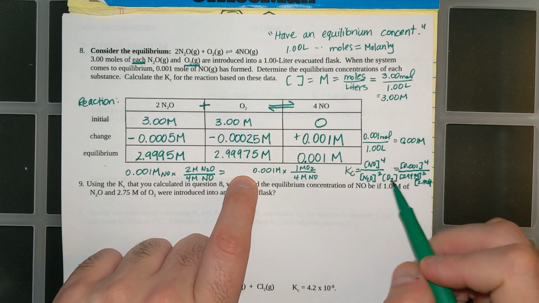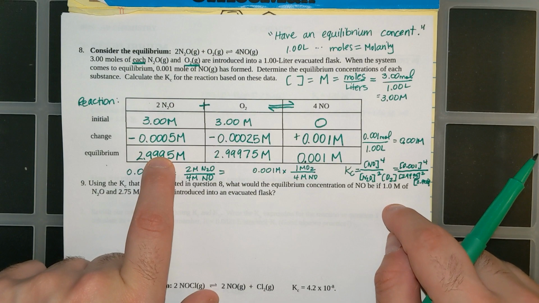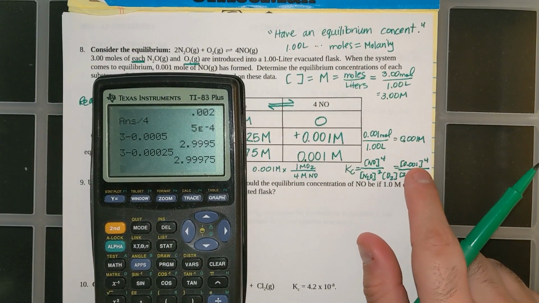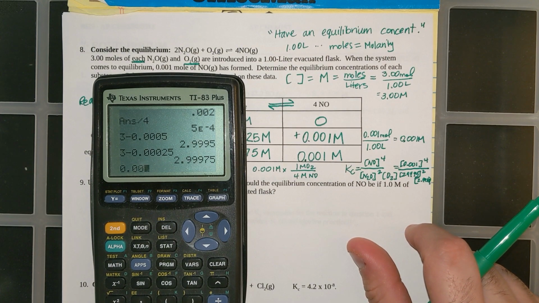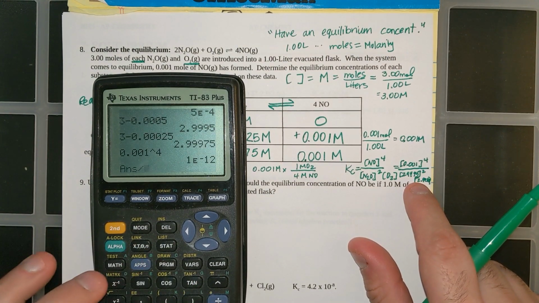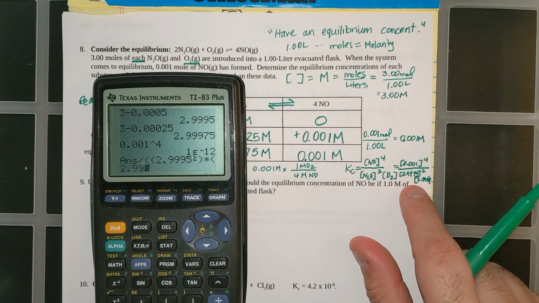I'm sorry this is getting squished, but you write the Kc expression and I have all the numbers that go into the Kc expression. If I do this math correctly, I'm going to be doing 0.001 raised to the 4th, a very small number, divided by 2.9995 squared times 2.99975.